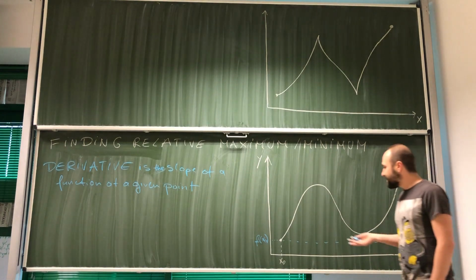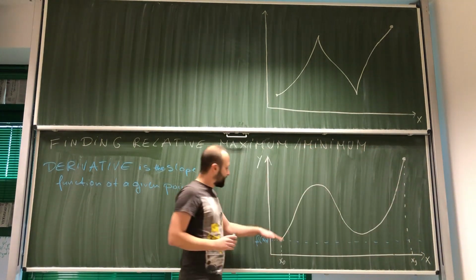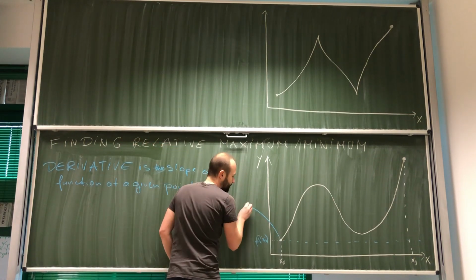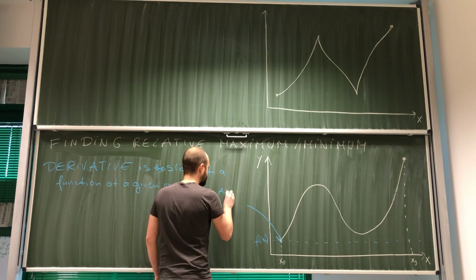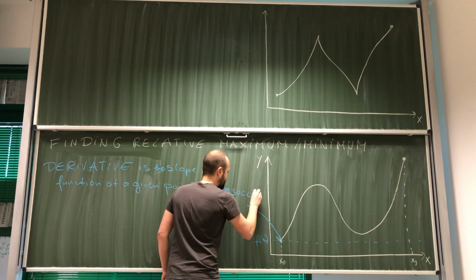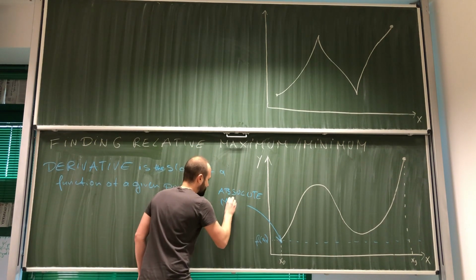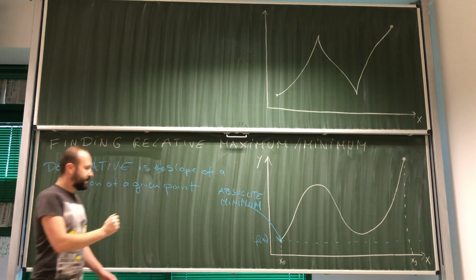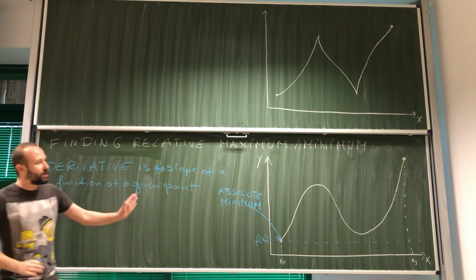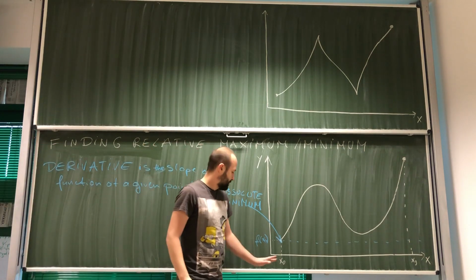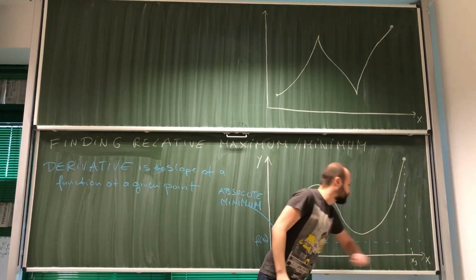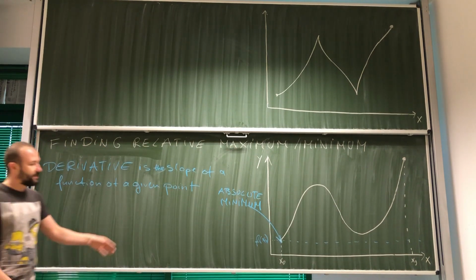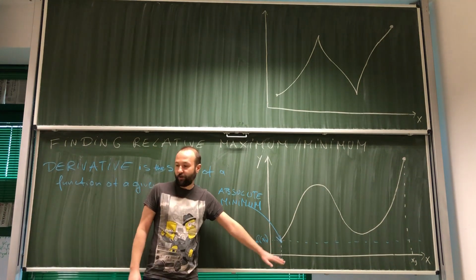So this is a point that we can call absolute minimum. We call it absolute minimum because in the entire domain of this function, from x0 to x3, we will not be able to find a point that lies lower.